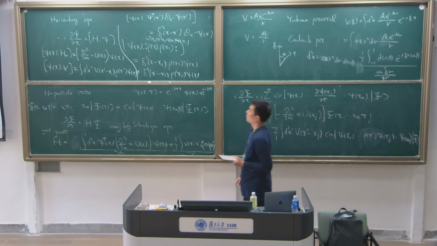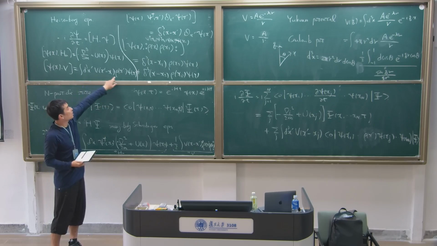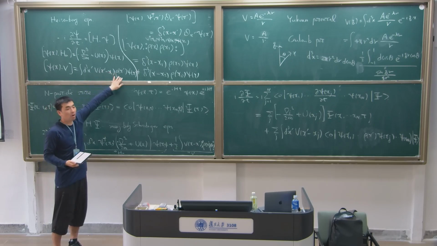Okay, so that's the interaction. So you have a sub-integral with d and rho.